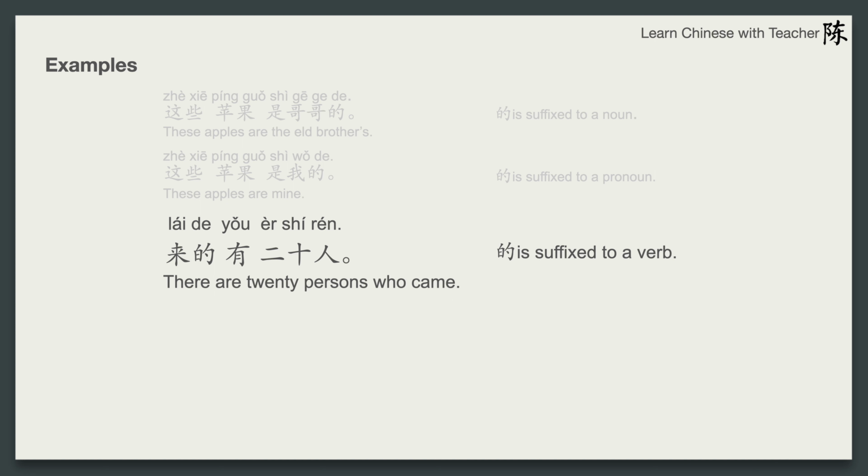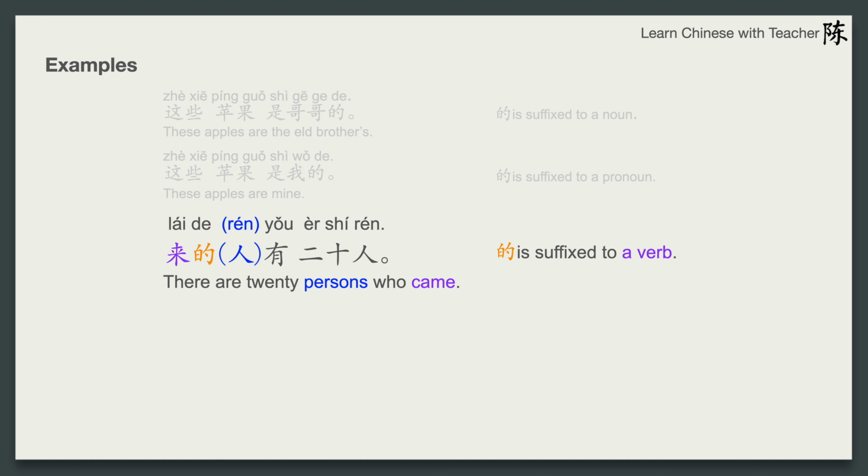The third example. 来的有20人. There are 20 persons who came. The 的 is suffixed to a verb in this sentence. The head word of this 的 phrase is 人. The reason why we omit the head word 人 here is because it will be mentioned later in the sentence, and you don't want to say the same character 人 twice in a single sentence.